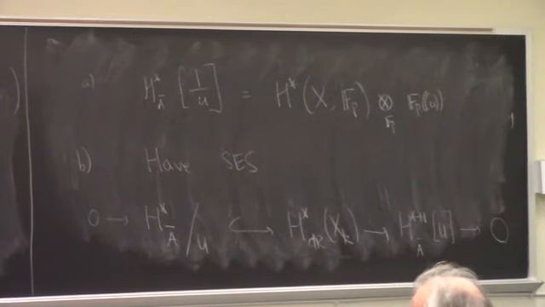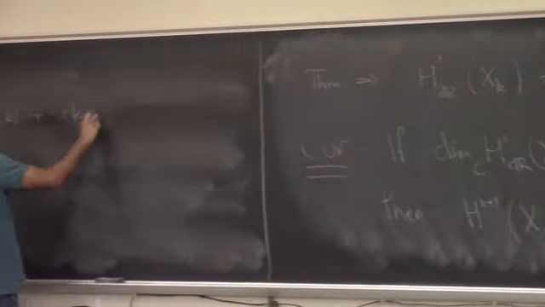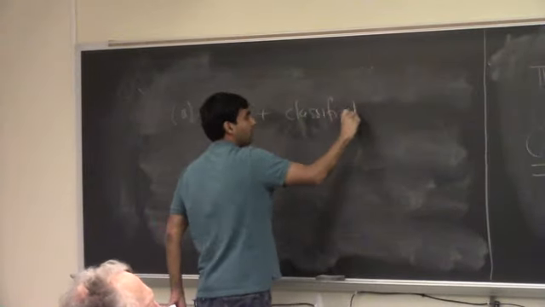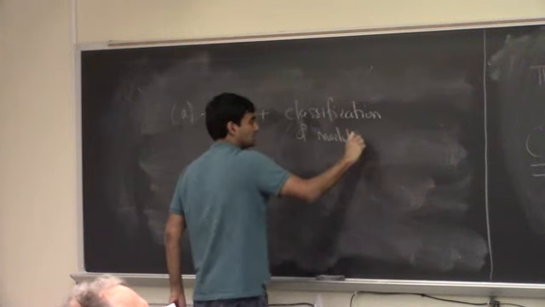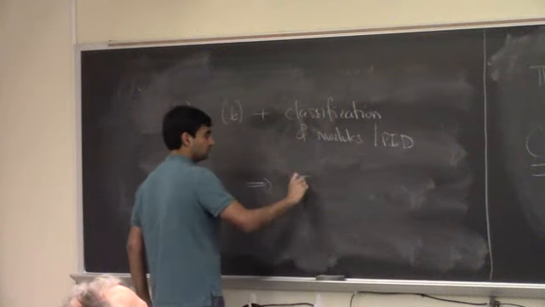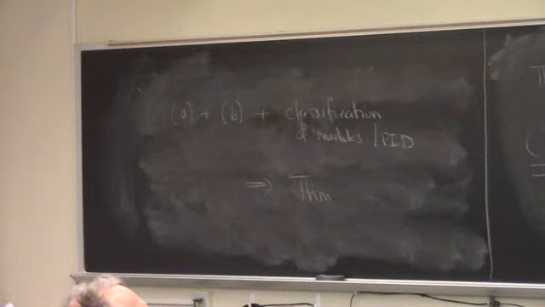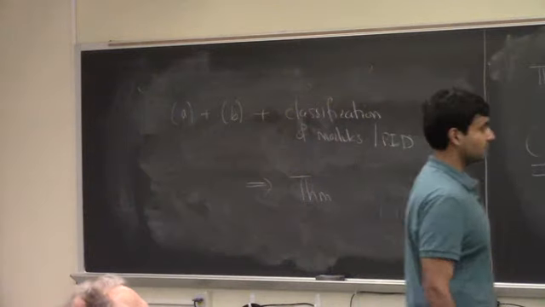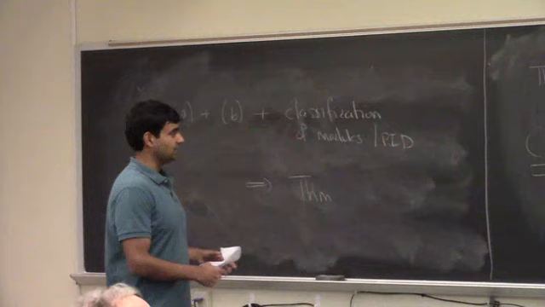And so A plus B, plus the classification of modules over p-adic rings, imply the theorem. And so the important takeaway is that you have to construct this cohomology theory, which is living over this space, and once you have these relations, you get the statement that you want.